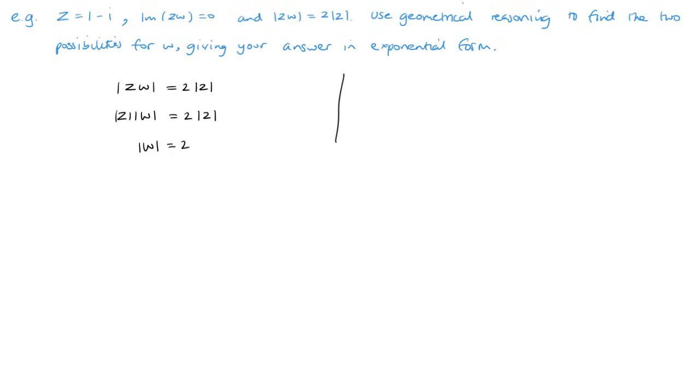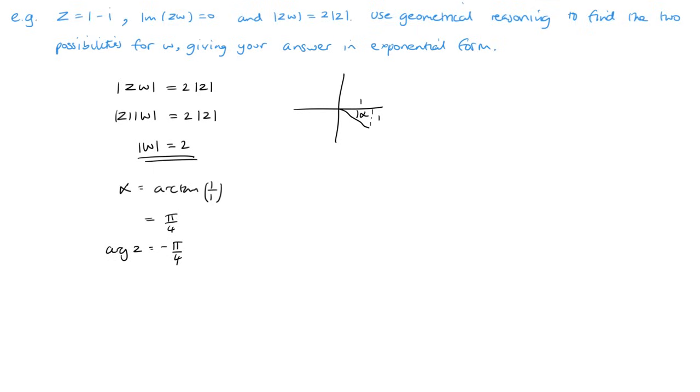Now if I do a quick sketch of Z, it's 1 minus i, so it's down here. This is alpha, with 1 and 1, so alpha is arctan of 1 over 1, which is pi by 4. Therefore theta, or arg Z, is negative pi by 4.